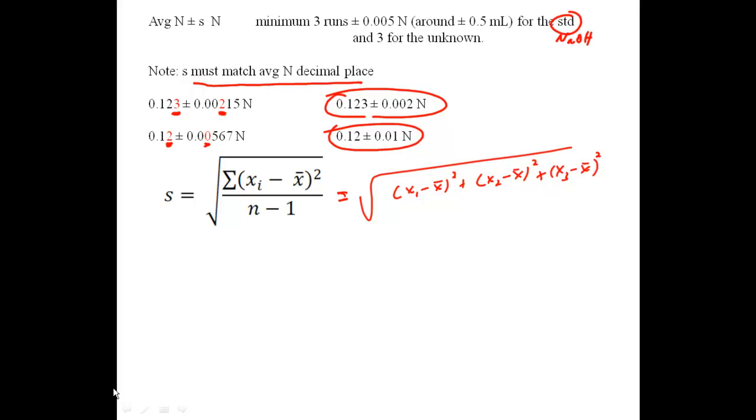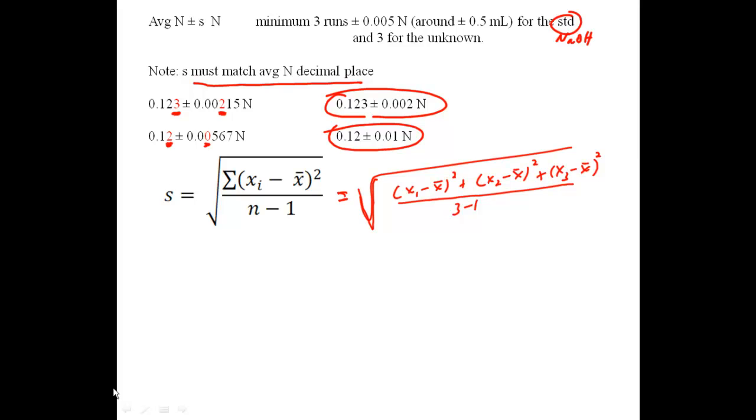So if you got 3 different values of normality for that standardization or your unknown, you subtract each from the average and square it, add them up, divide that by n minus 1, in this case 3 minus 1, n being your number of experiments, the number of data points. And the whole thing, you take the square root of, and that'll give me my standard deviation.